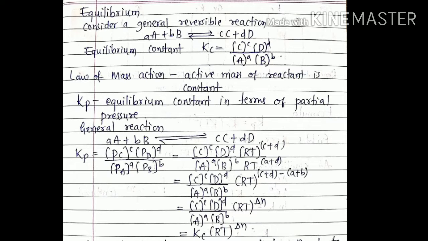Let us consider the general reaction aA plus bB gives cC plus dD. Kp is Pc^c Pd^d divided by Pa^a Pb^b. So this is [C]^c [D]^d (RT)^(c+d) divided by [A]^a [B]^b (RT)^(a+b), which gives [C]^c [D]^d divided by [A]^a [B]^b times RT raised to (c+d) minus (a+b), that is RT raised to delta n.